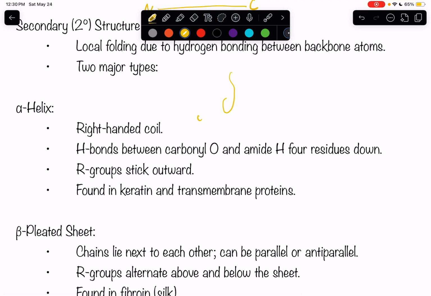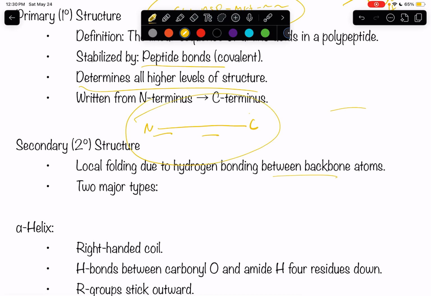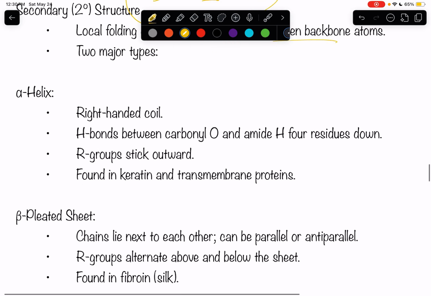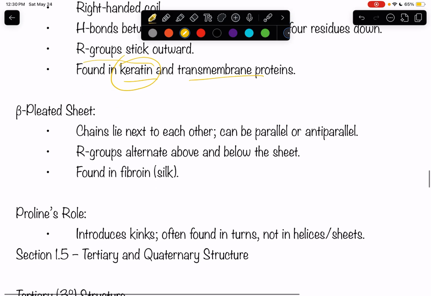You can imagine a helical shape, a right-hand coil between different peptides. It's the stacking of multiple of those in the shape of a coil. Your R groups stick out, and it's found in keratin, which is in your hair, and different transmembrane proteins.